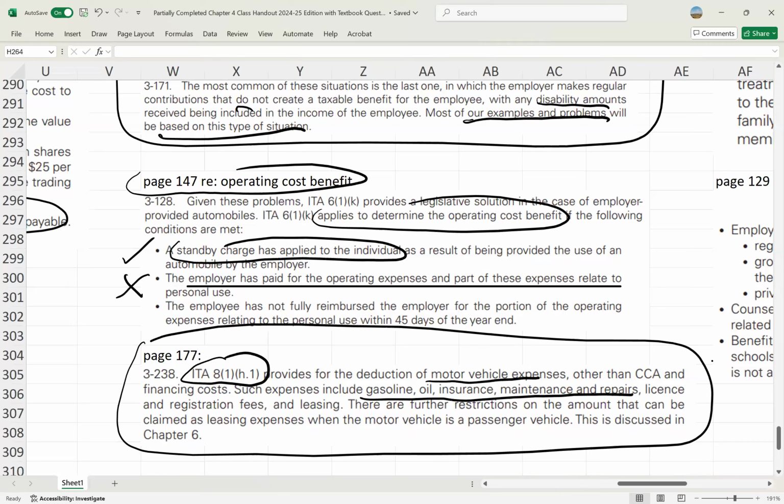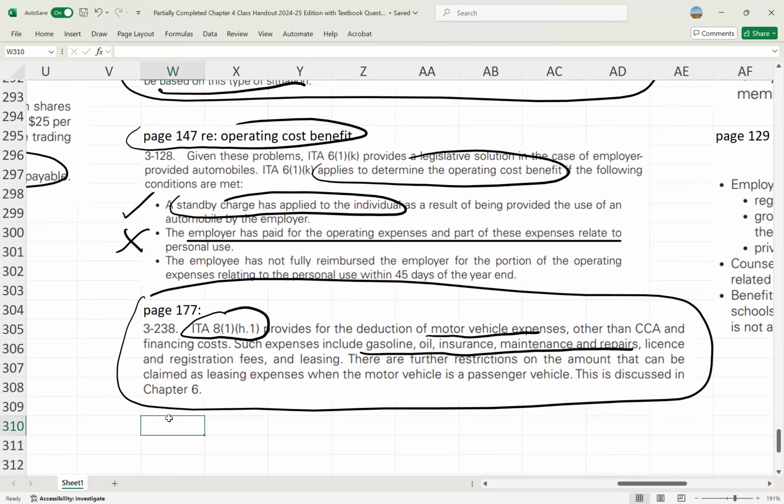So in this example here, we're not specifically told that the employer has signed the T2200. Remember we talked about the fact that in order to deduct certain employment expenses, you need the employer to sign the form T2200. That's not specifically stated in this question, but one could assume that because she's paying for all these expenses and she needs the car for work, that form would have been signed.